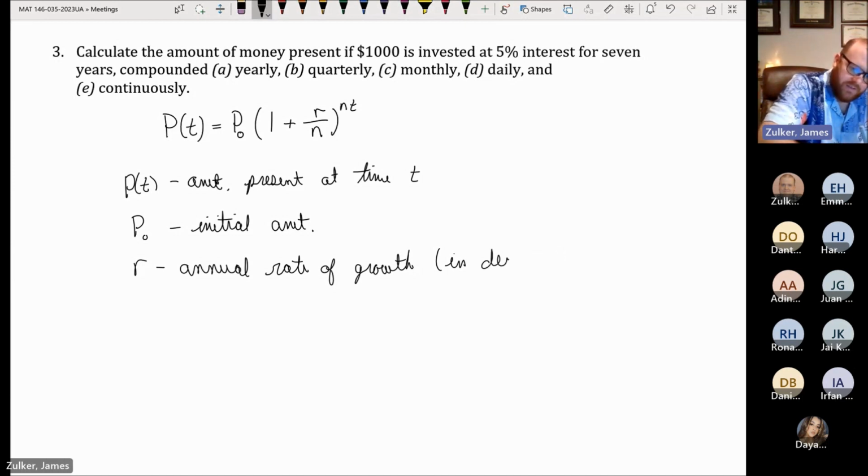Let's rewrite that. It's important to note that r has to be in decimal form.